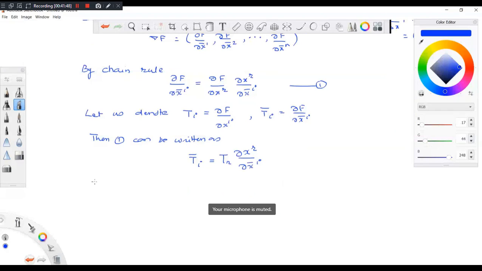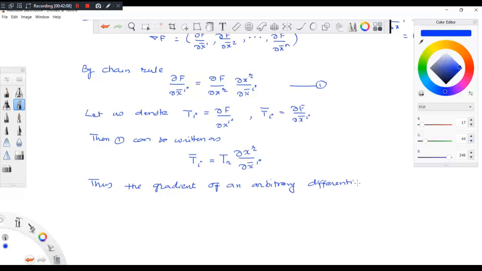Thus the gradient of an arbitrary differentiable function is a covariant vector.